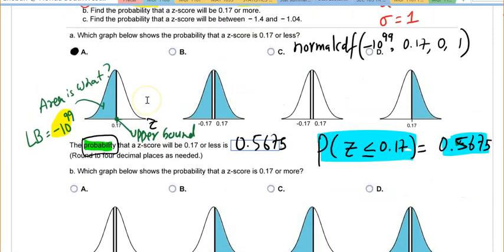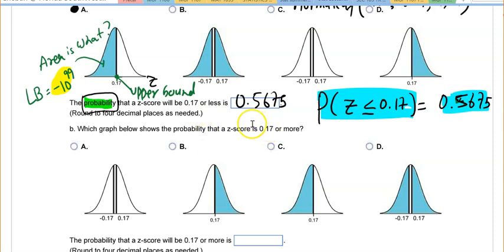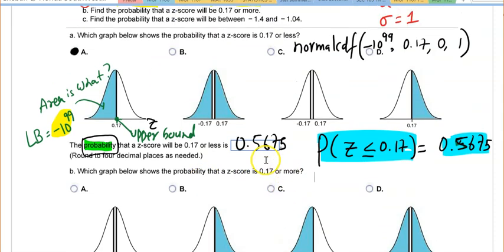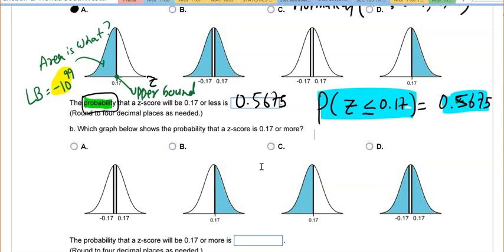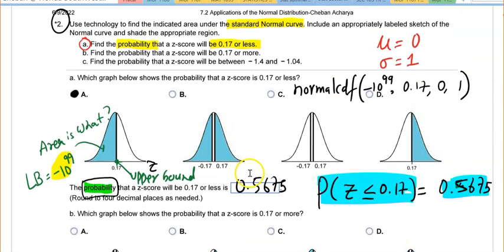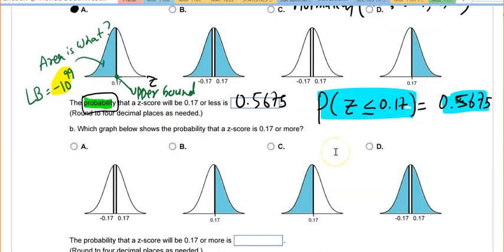For part B, it says 0.17 or more. There are two ways to do it. One way, since you found the probability of 0.17 or less, if you subtract it from 1, of course you get the probability of 0.17 or more. Therefore, here this is the right option. Here you can see that this area represents 0.17 or more.